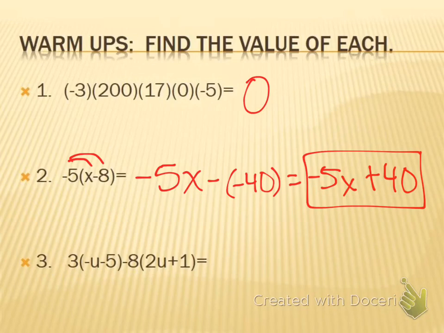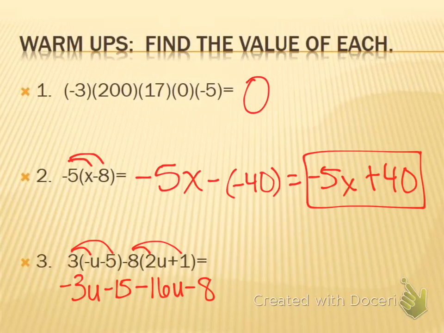For number 3, I'll go through that one rather quickly. We have to distribute both the 3 and the -8, and then we will combine like terms. So we have -3u minus 15 minus 16u minus 8.